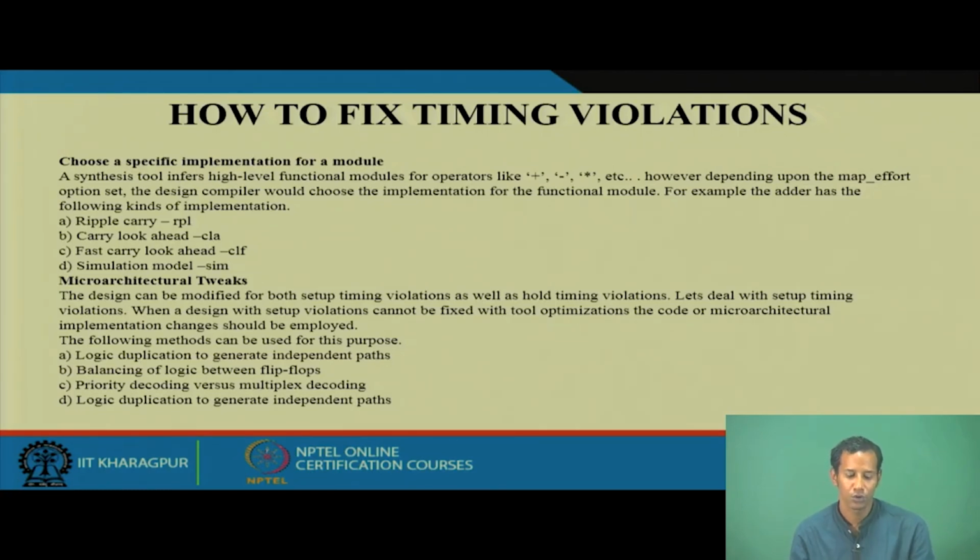you have to choose a specific implementation for a module, like if you are having an adder architecture or multiplier architecture or subtractor architecture or divider architecture.